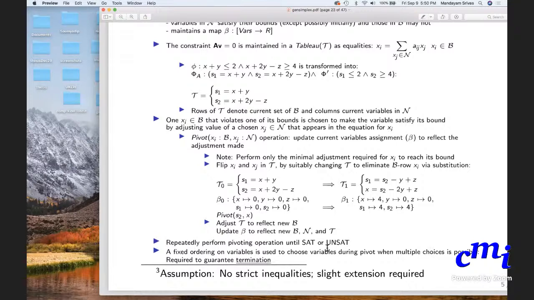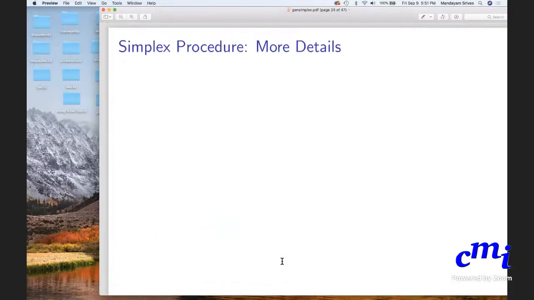In that order, and we will see later this is required to guarantee termination of the algorithm. Okay, so let me illustrate this.